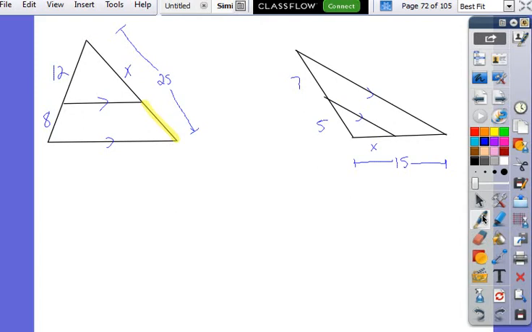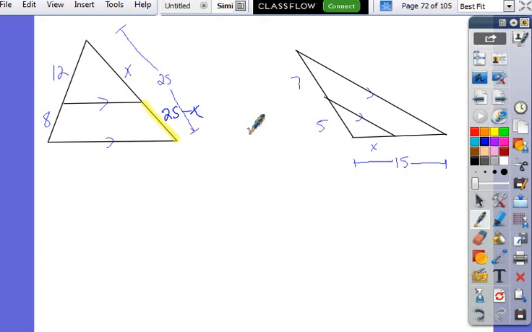We did 25 minus 10 or whatever it was. Well, now that it's x, I know that this piece is 25 minus x. So always do the whole side minus the piece that it gives you. In this case, it's 25 for the whole side and x for the piece. 25 minus x tells me what's left.